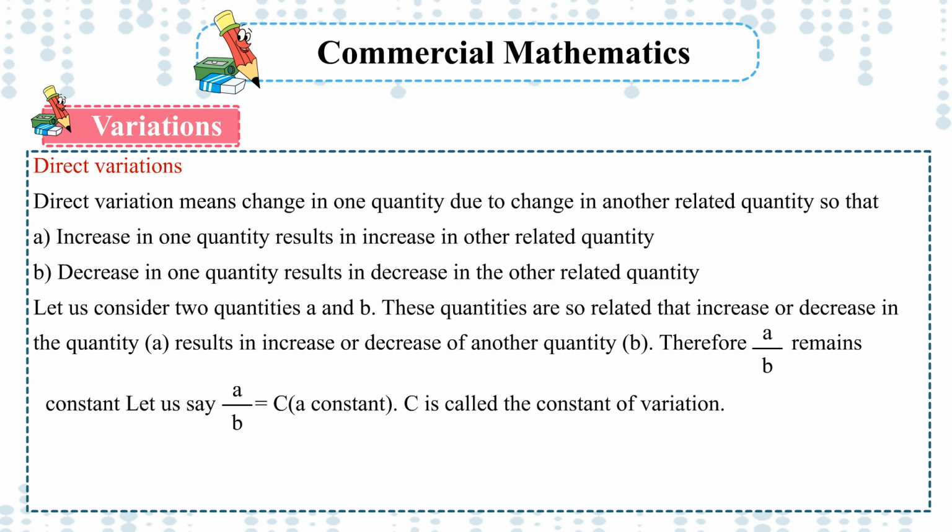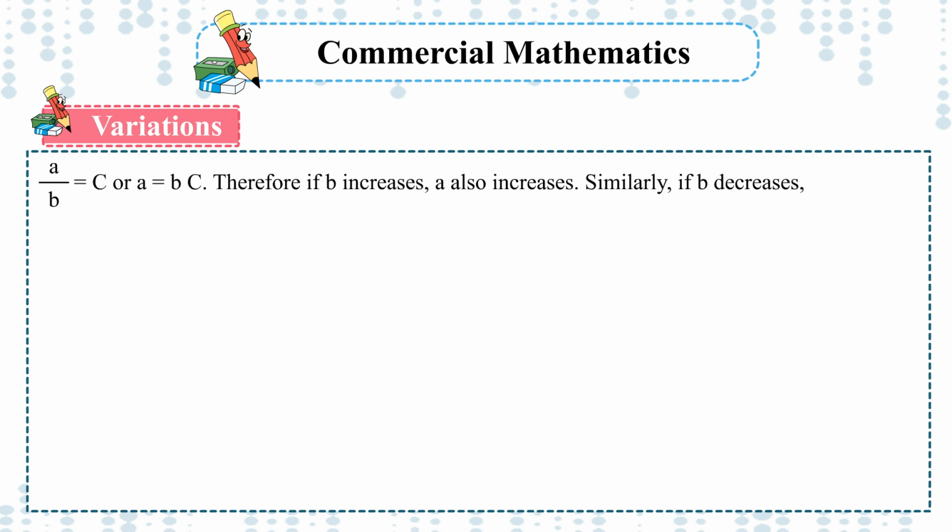C is called the constant of variation. The ratio of A upon B is always positive. A upon B is equal to C, or A is equal to BC. Therefore, if B increases, A also increases. Similarly, if B decreases, A also decreases.